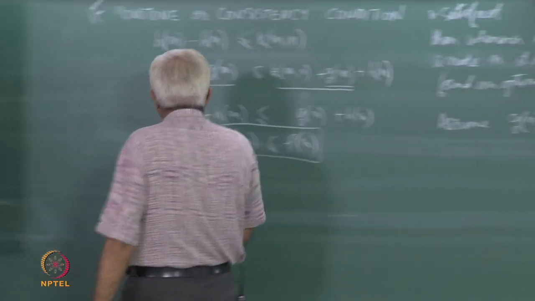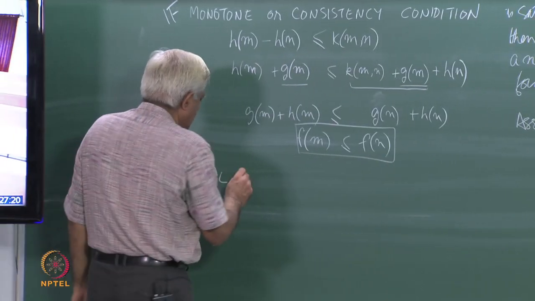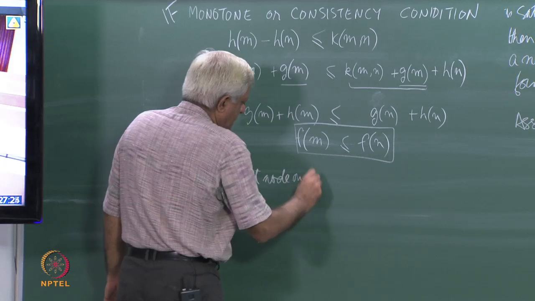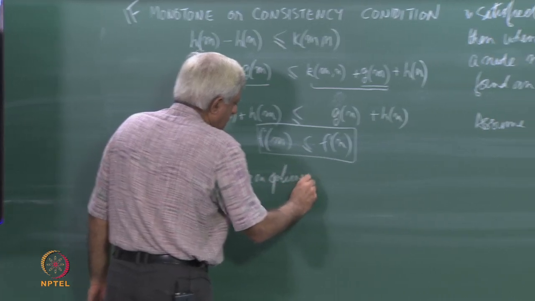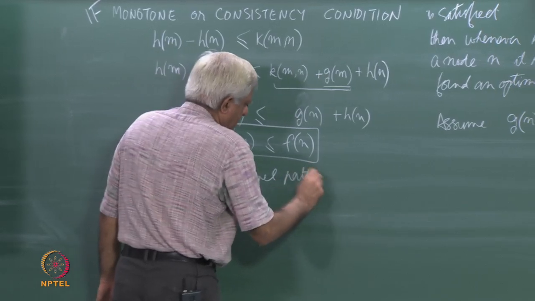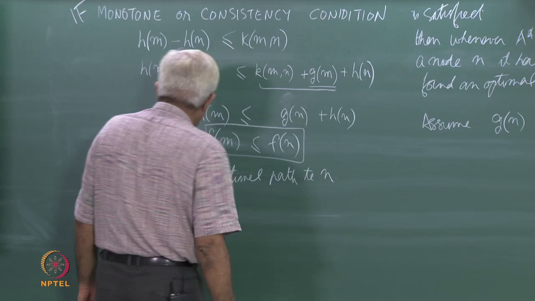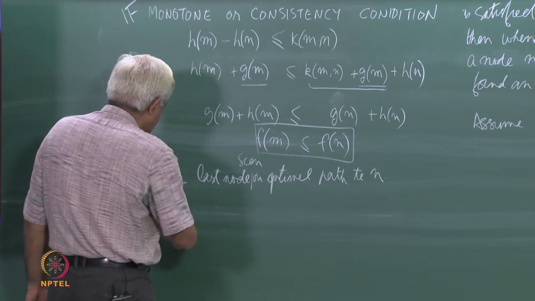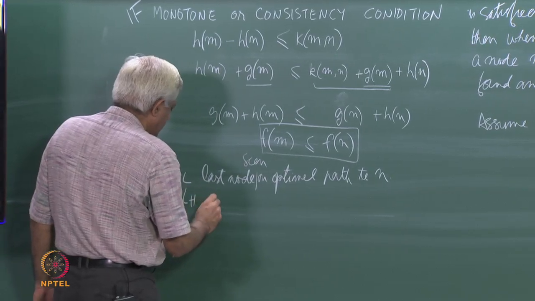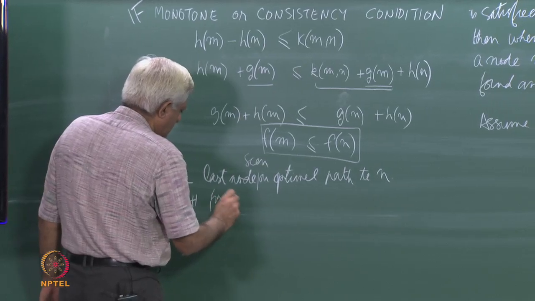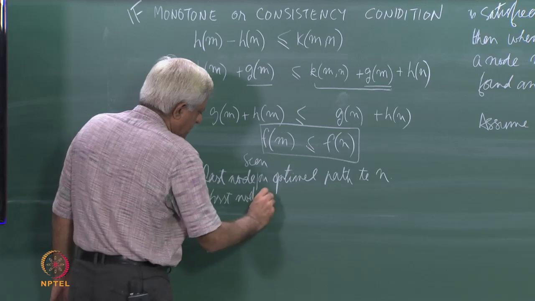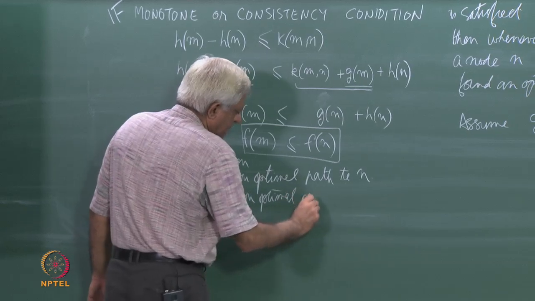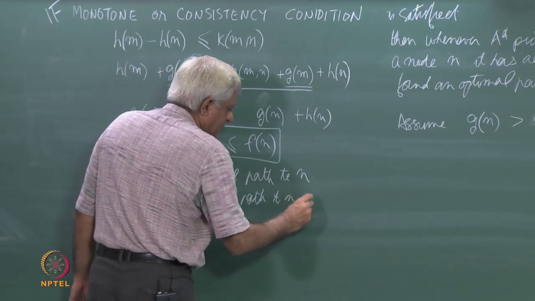So, n L is the last node on the optimal path to n, last node seen, and n L plus 1 is the first node on the optimal path which is not seen.